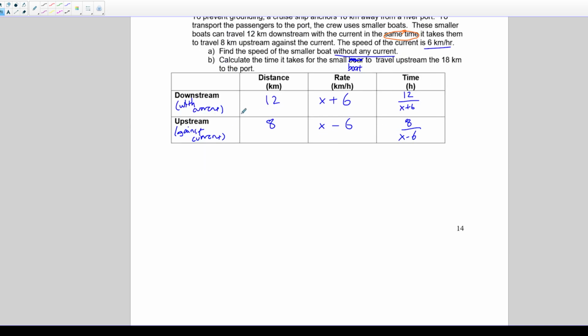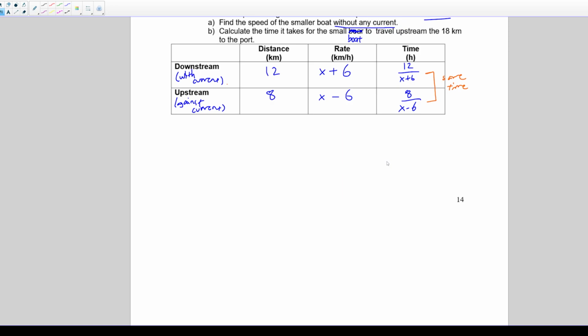So your time going down is the same as the time going up. We can say that 12 over x plus 6 has to be equal to 8 over x minus 6.